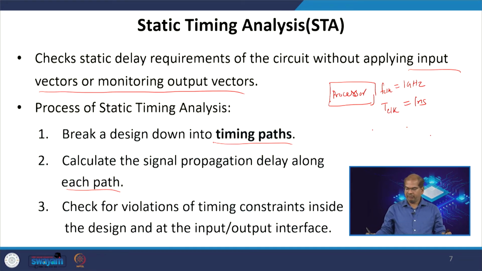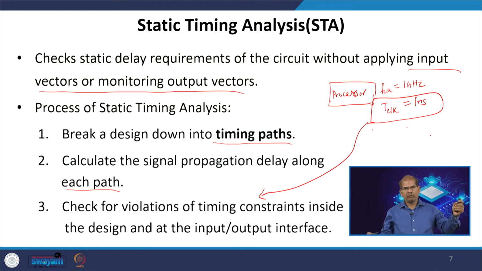So, this 1 nanosecond is supplied as a constraint in the timing analysis tool.